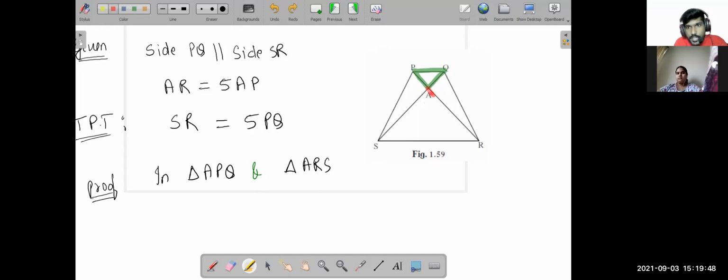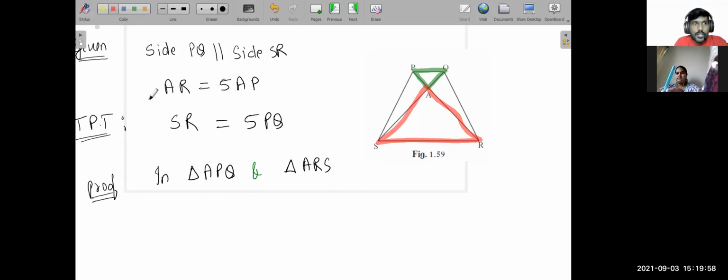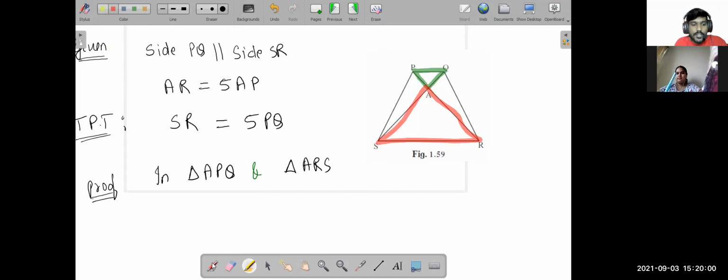This is ARS. Okay, look into these two triangles. We'll prove that these two triangles are similar. Now to prove similar, what is the first thing that you can see which is congruent in these two triangles? Can you tell me?